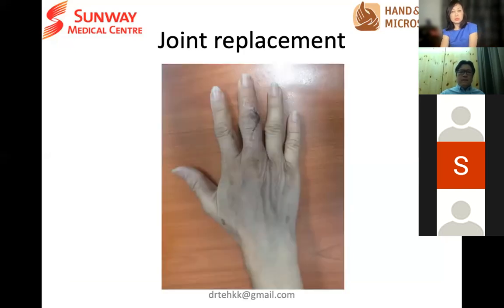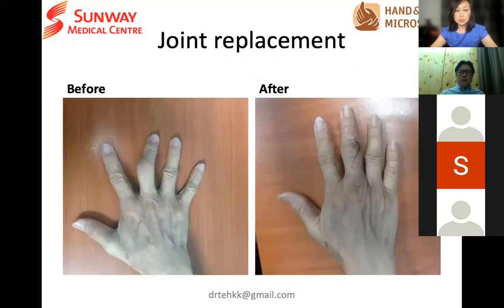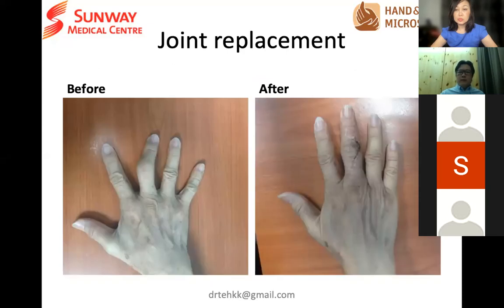You can see here, this is after the surgery. Her finger is no longer crooked, and that's the before and after. But the range of motion, unfortunately, is not great, because the amount of motion of the joint greatly depends on what the range of motion was prior to operation.